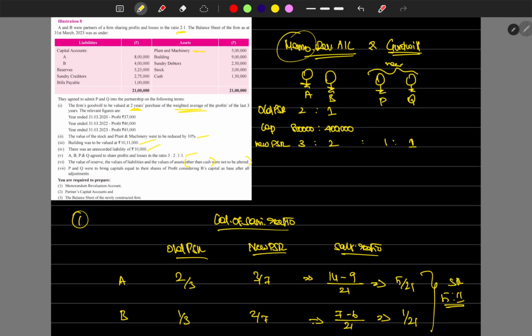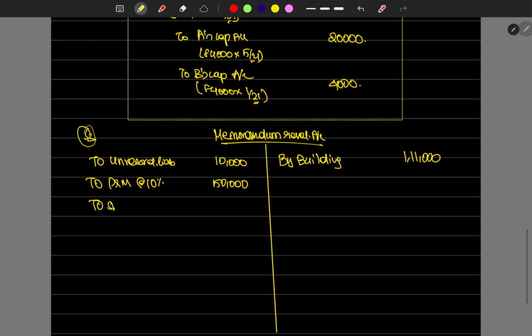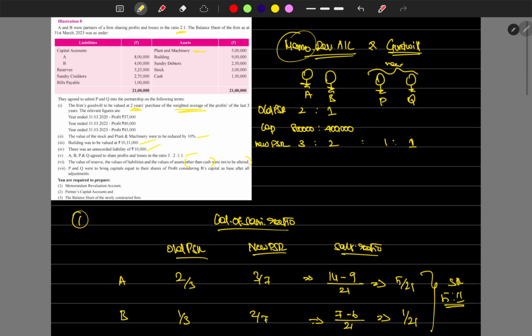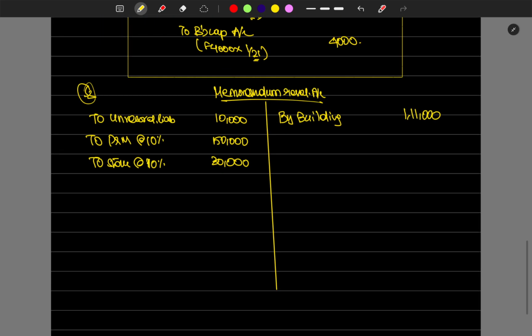Stock value also reduced by 10%. Stock is 3 lakhs, 10% of which is 30,000. Stock revalued, plant and machinery revalued, building revalued, unrecorded liability done. Everything is done, so we can proceed with the balancing.